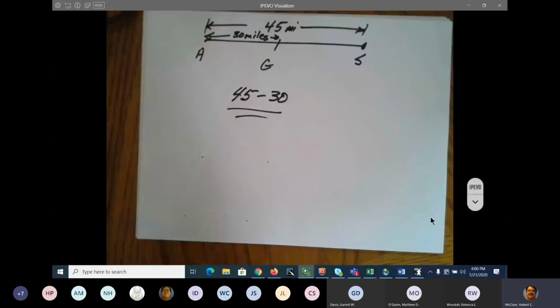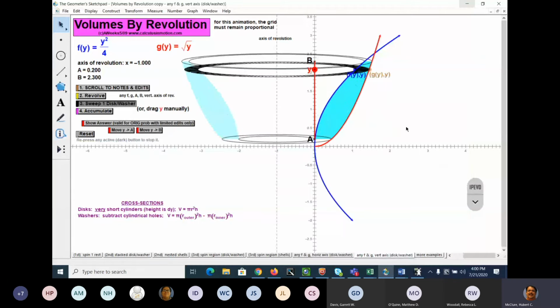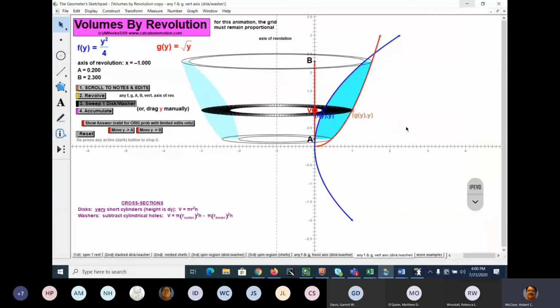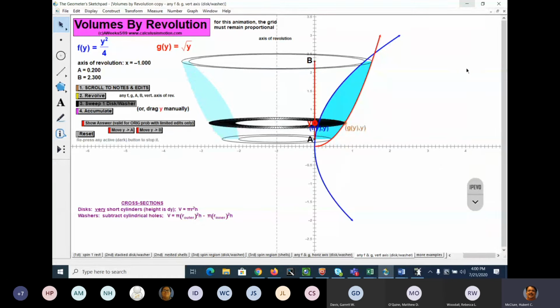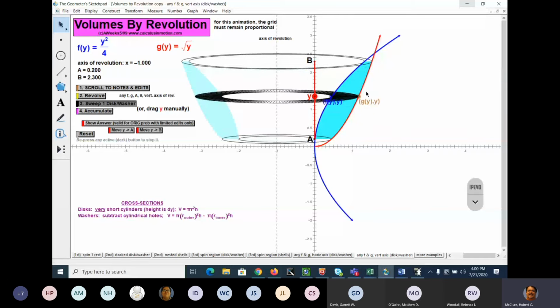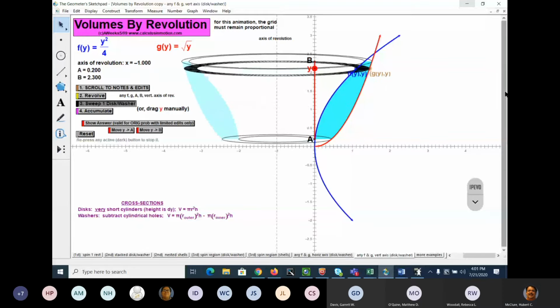Now, I'm not trying to insult anybody's intelligence. Whenever we want to find out the difference, we subtract. So when you're talking about the washer, it is nothing but a disc with a hole in it. So that means that whatever's making up the disc, which is your red function, you're going to subtract the inside of the disc or the hole, which will be the blue function.